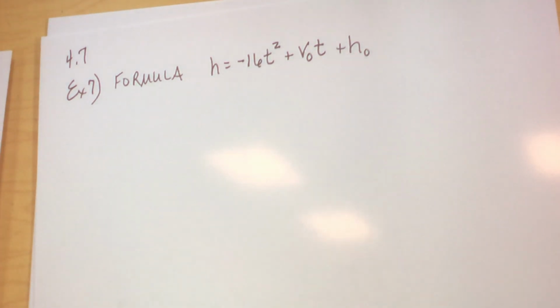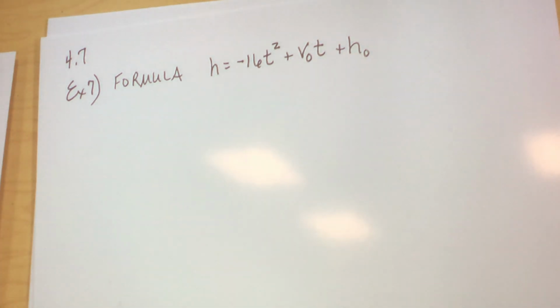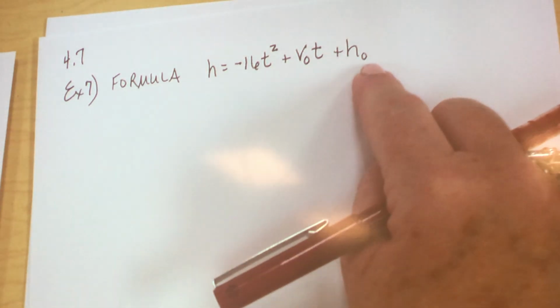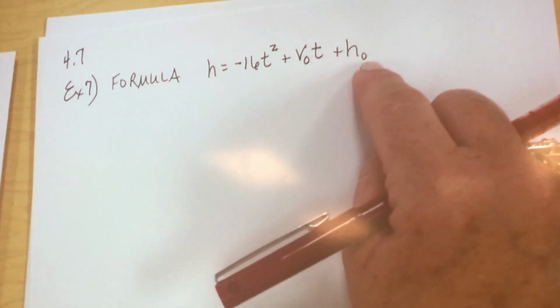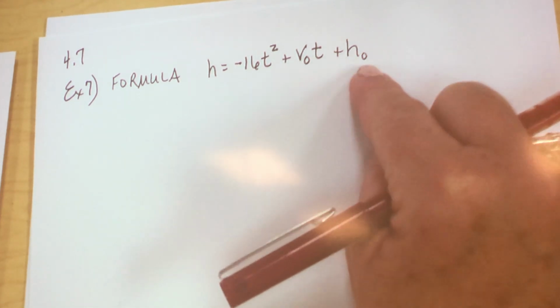All right, so let me ask you, does anybody remember what h sub o means? Do you remember that I told you before? Yes. Okay. So, anything sub 0 is when time is 0. So that's at the beginning, initially, when the problem starts.